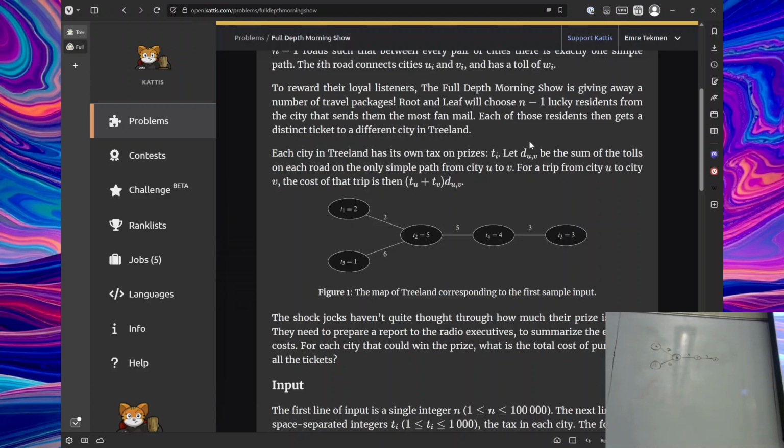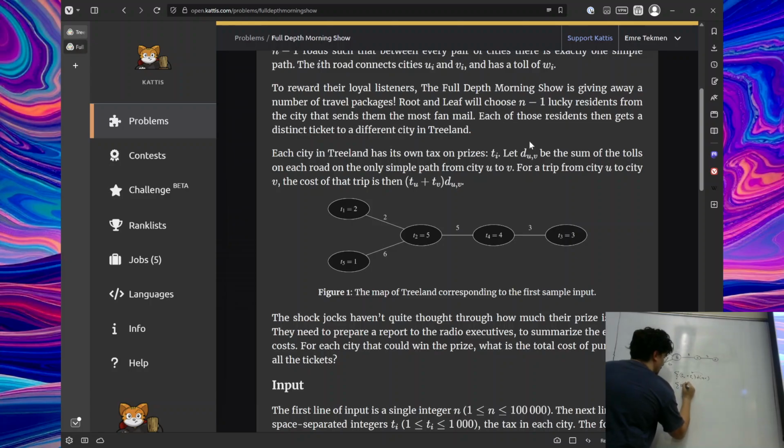The first thing I want to do is take a look at that summation again. The summation was, for all v, tu plus tv times d of uv. Now, you can do some simplifying here. First of all, let's distribute the distance across and break it up into two sums.